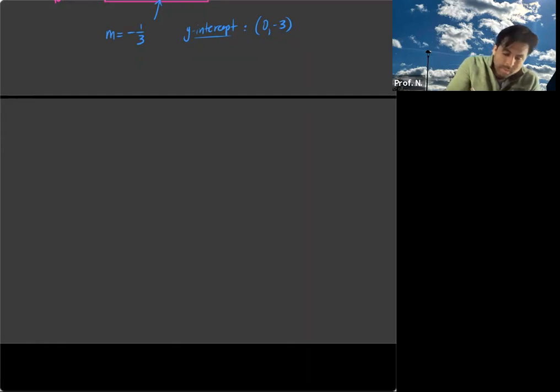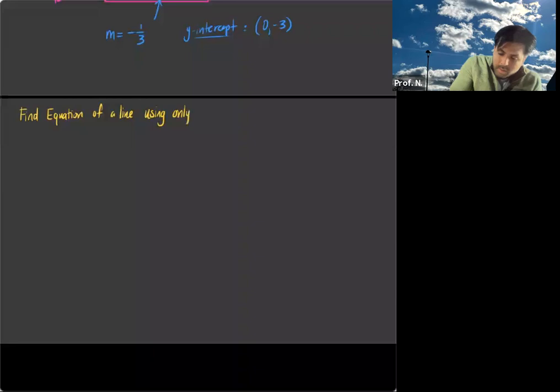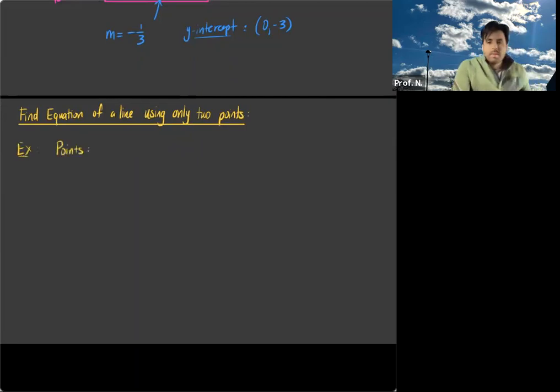So I want to find the equation of a line using only 2 points. So what if I only have 2 points? So here are the points again. Remember we talked about this? We only have 2 points.